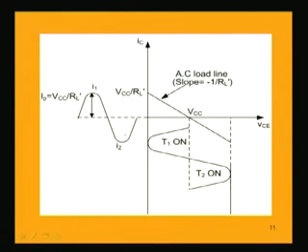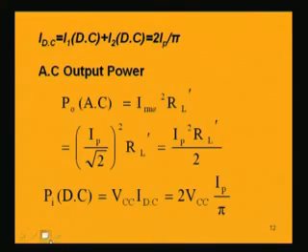That is why the total DC current will be I1 DC plus I2 DC, which is nothing but 2 by pi into I peak. If the peak value of this current is IP, then the DC value of this sinusoidal current will be 2 times IP by pi.